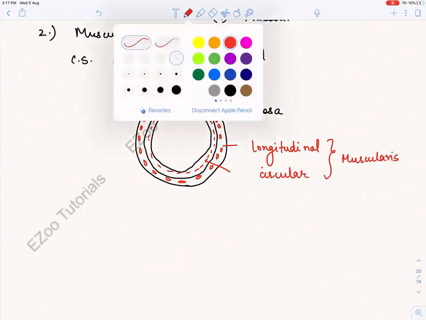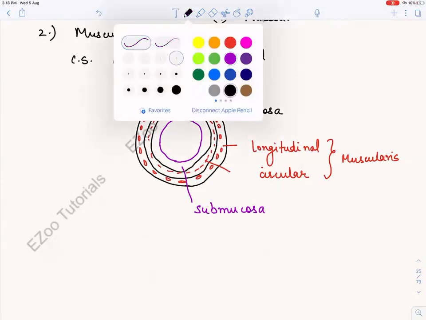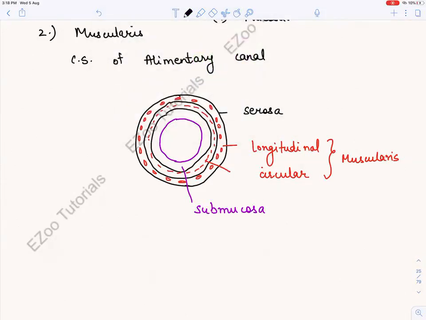So we are just drawing a basic structure to first understand how they are arranged. Then after serosa and muscularis, there is submucosa. First, we will understand how they are arranged, and then we'll study about each of the layers in detail. So this is submucosa, and then I told you that we are going from outside to inside. This is the lumen.